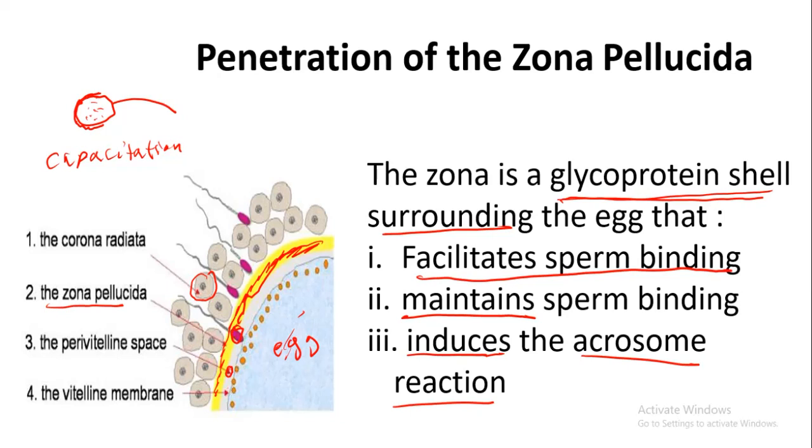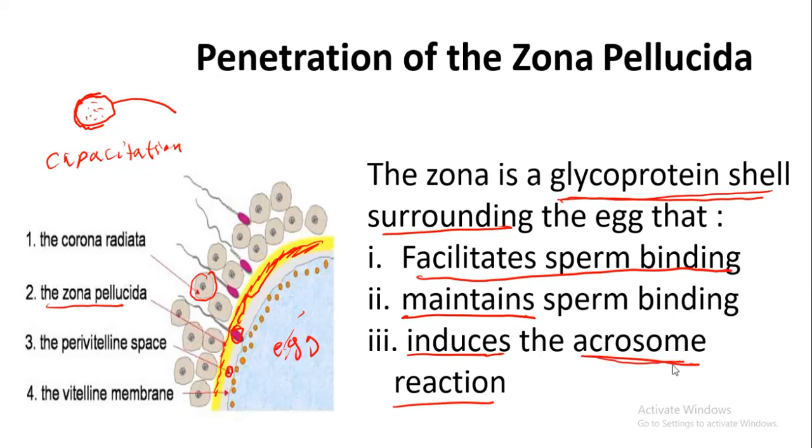Now, the question we need to ask ourselves is, what's causing this? You know, I really love and enjoy anatomy, specifically embryology, because it tells me how I was created, how I was formed. So, what's really helping this process of acrosomal reaction to take place?